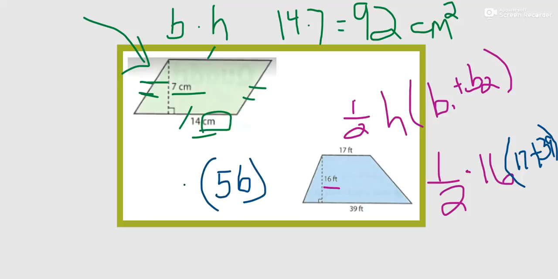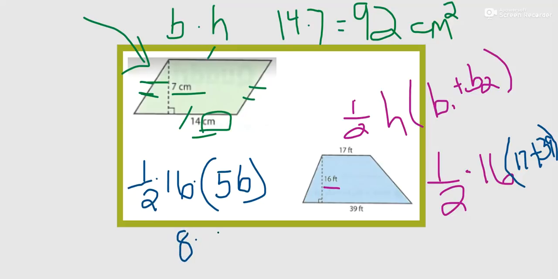And it'd be 56 times 16 times 1/2. And if I take 1/2 of our 16, I know that is 8.